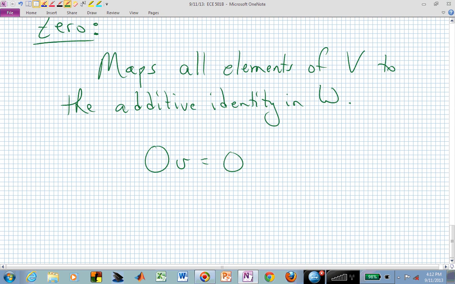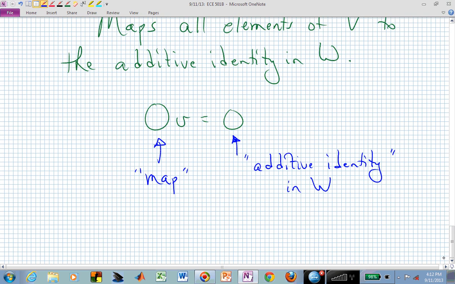In this case, this zero on the left is symbolically representing the map from the vector space V to W. This zero on the right is the additive identity in the other vector space, sort of the range of the operation. That's the additive identity in W. And V belongs to the vector space capital V, and capital V could have a different dimension than capital W. Those vector spaces don't have to have the same dimension.